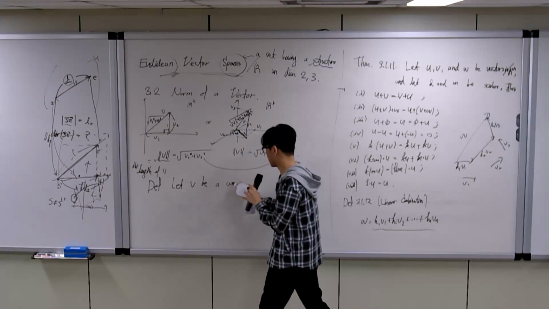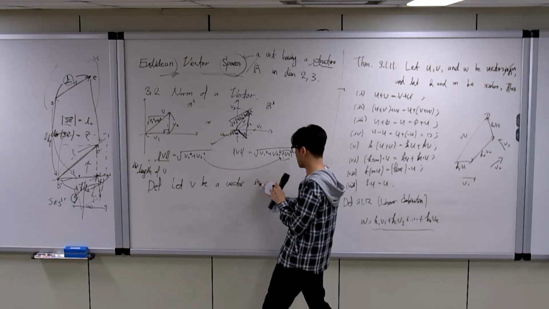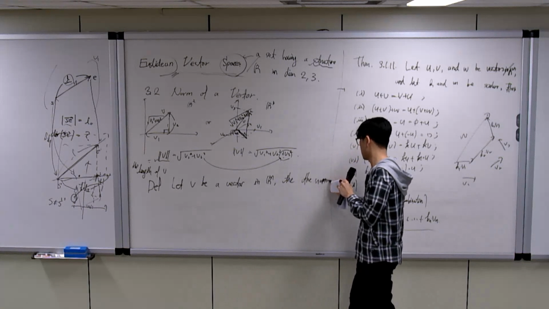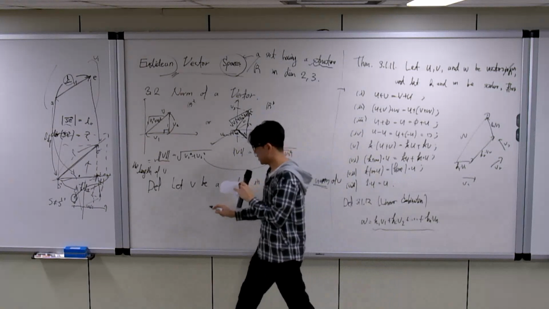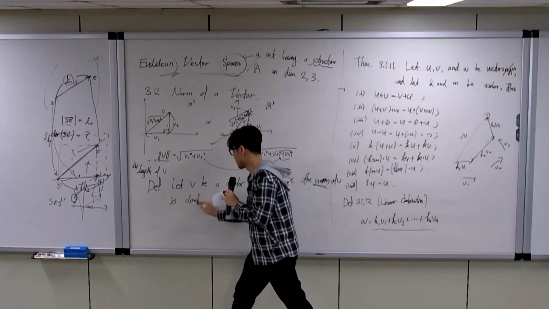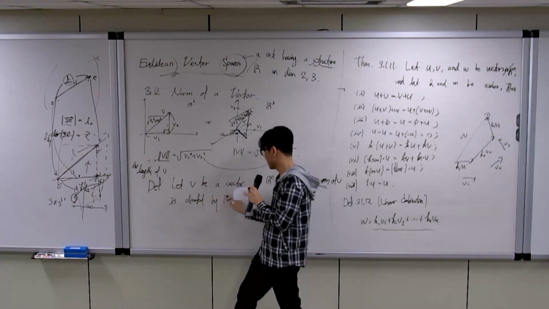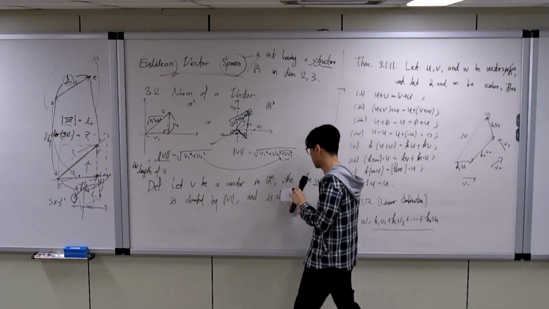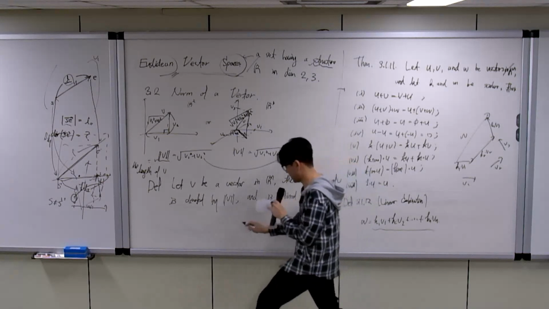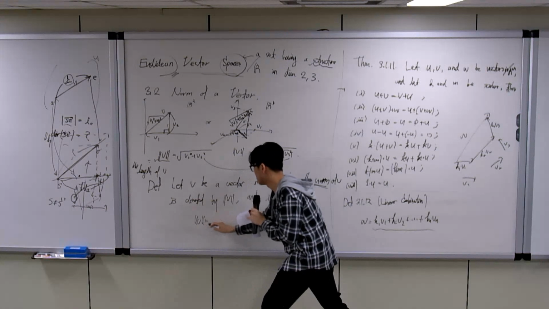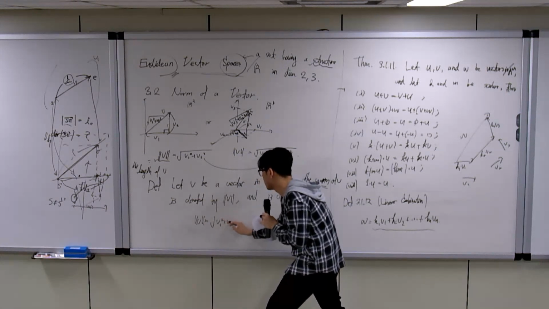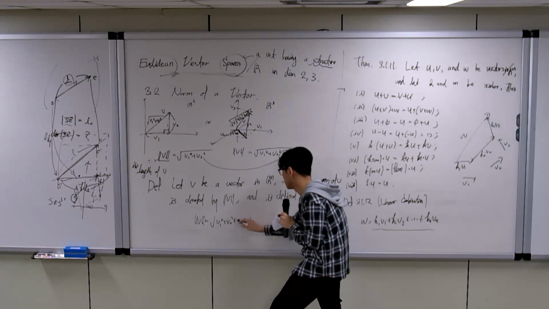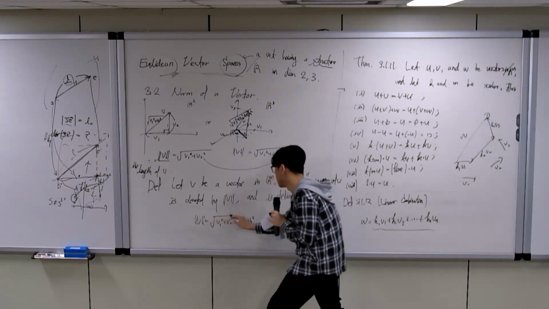So let v be a vector in R to the n. Then the norm of v is denoted by this notation, and is defined by the square root of v1 squared plus v2 squared, adding up to vn squared.